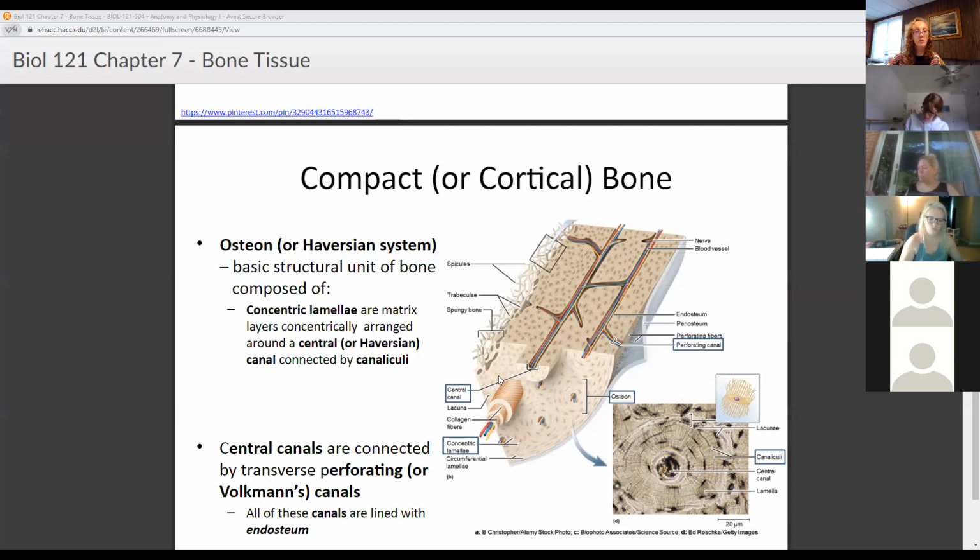The individual blood vessels and nerves canals are connected via the caniculi to osteocytes. Actually, let me say this a little differently.